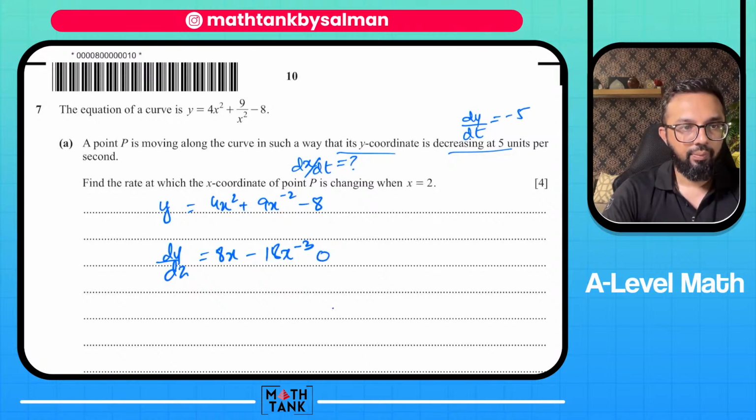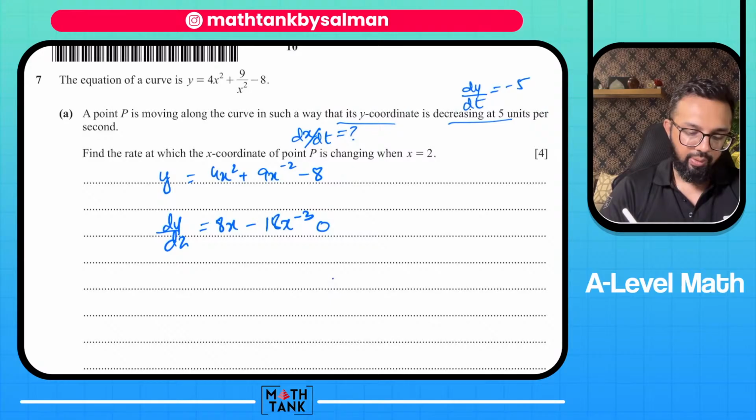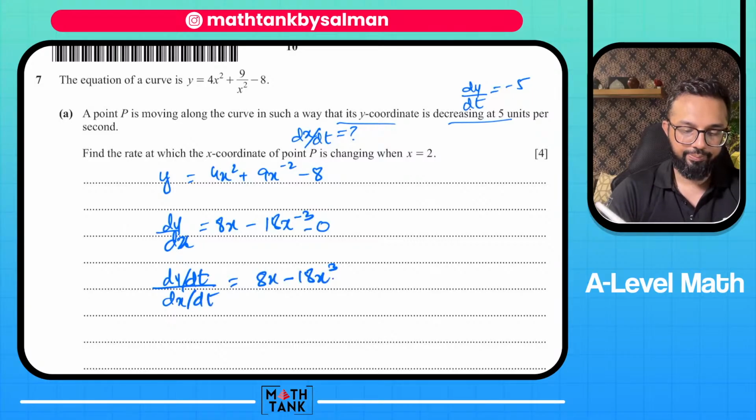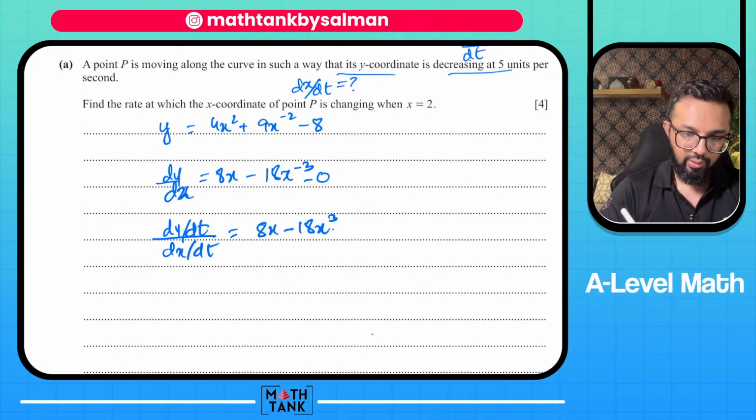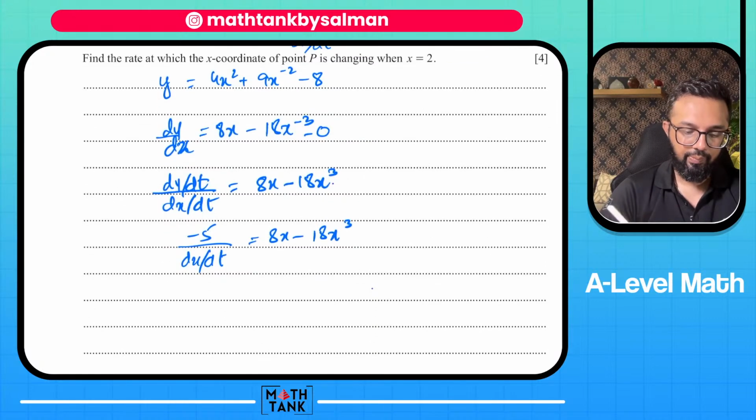Okay. So this breaks down to dy by dt and dx by dt. 8x minus 18x cubed. It's minus 5. Yes, I figured that out.